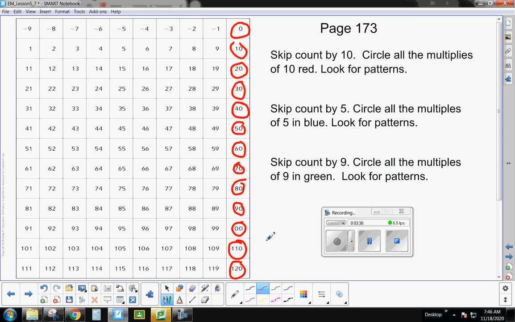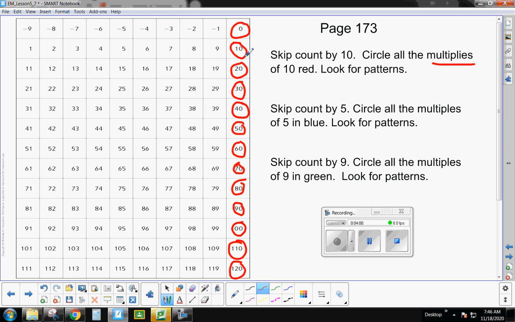So we've looked at this pattern already this year, and so we know that as we're skip counting by tens, all of the multiples of 10. Now when I say multiples, oh, I think I spelled that wrong. I put multiplies. Should be multiples. All of the multiples of 10. A multiple means that anytime I'm multiplying by 10, my answer or my product is a multiple of 10.